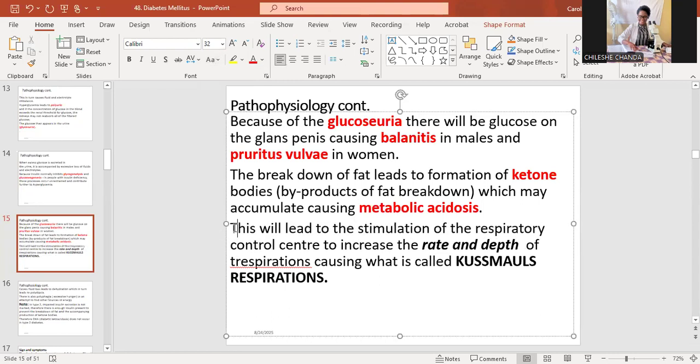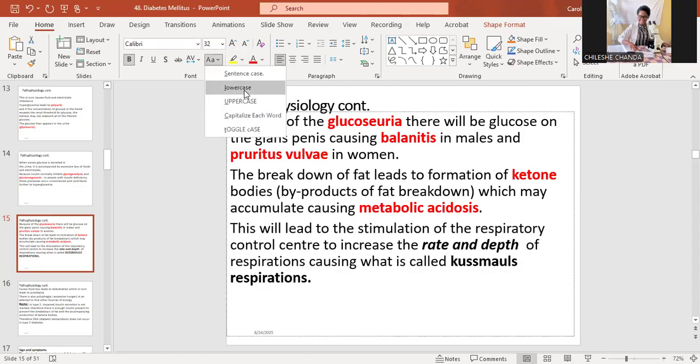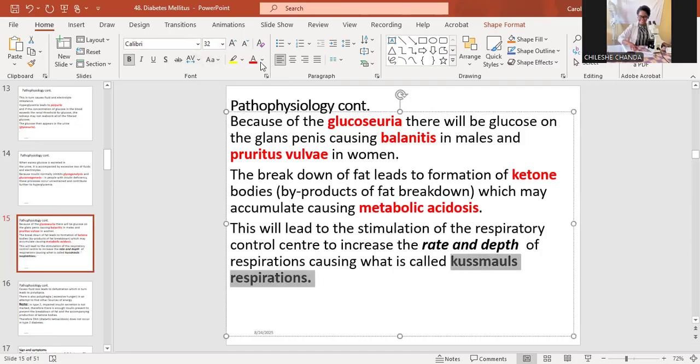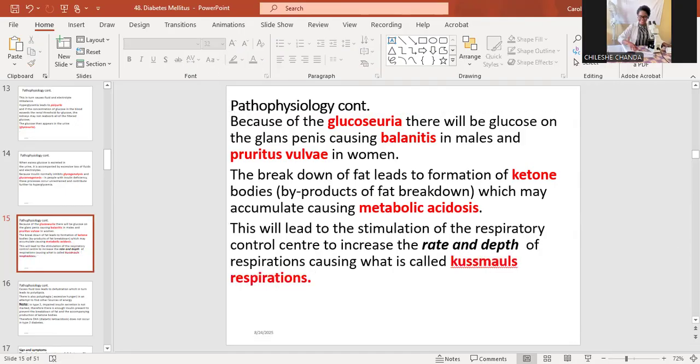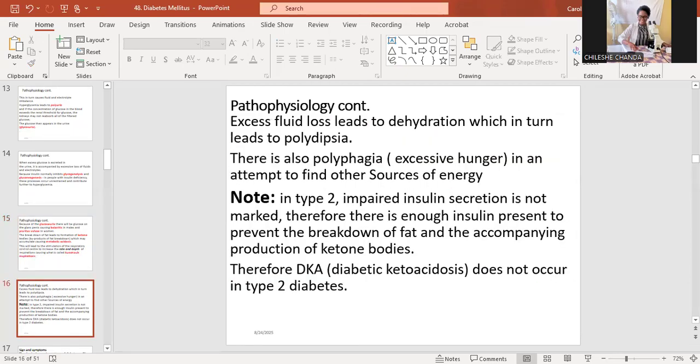Because the body wants to have more oxygen, the respiratory center will increase the rate and depth of the patient's respirations. And so this patient will end up having Kussmaul's respirations. This is where the patient wants to draw in as much oxygen as possible and release as much carbon dioxide as possible.